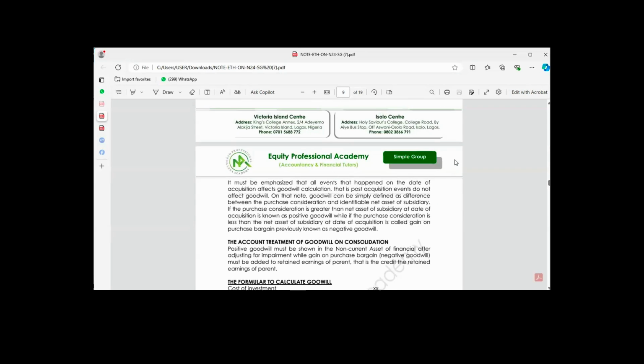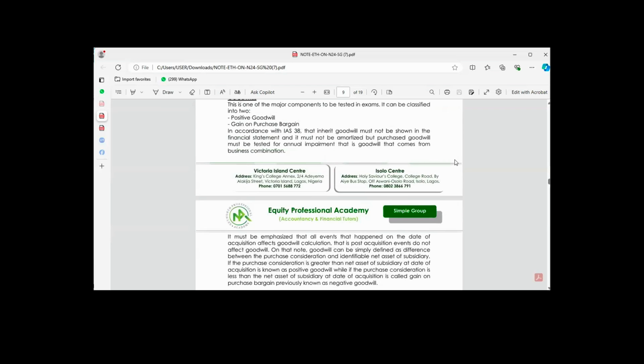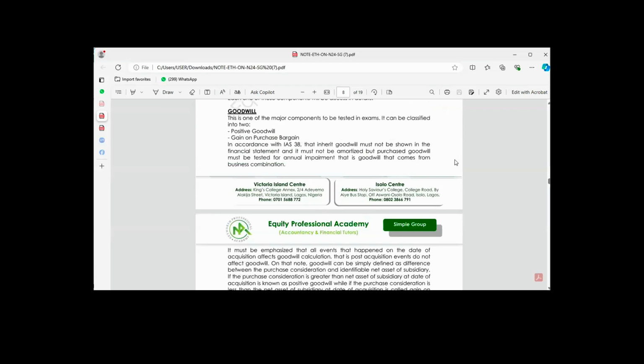Look at it here. Goodwill is one of the major components to be tested in the exam. It's classified into two: goodwill and gain on bargain purchase. It's not like positive goodwill, just goodwill. I cannot say plus 8. 8 is 8, 8 is positive already.